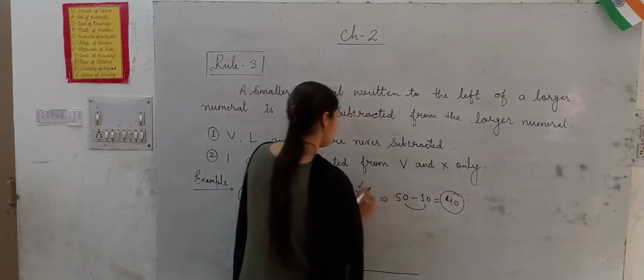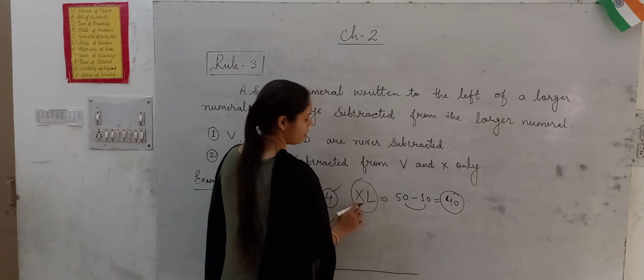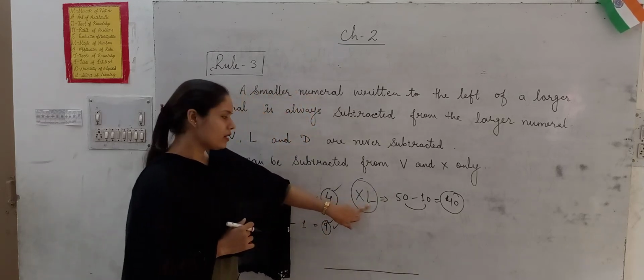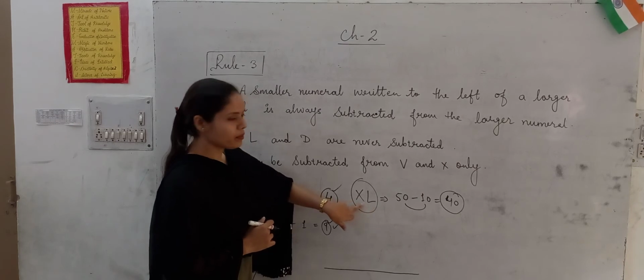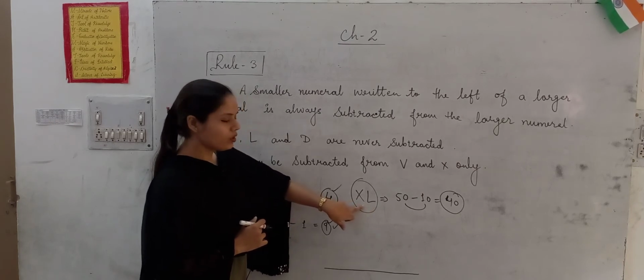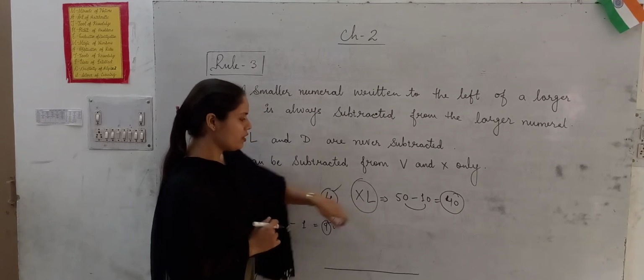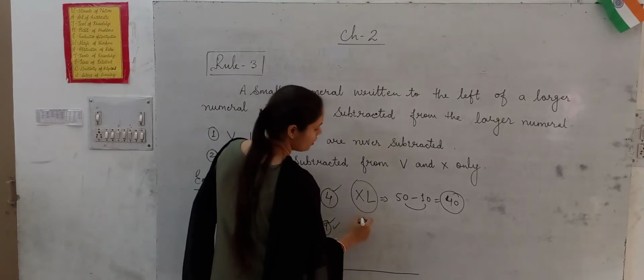This is the Roman numeral 40, X and L. A smaller numeral is written on the left-hand side and the larger numeral is given on the right side.